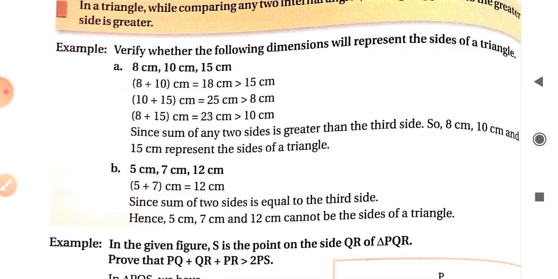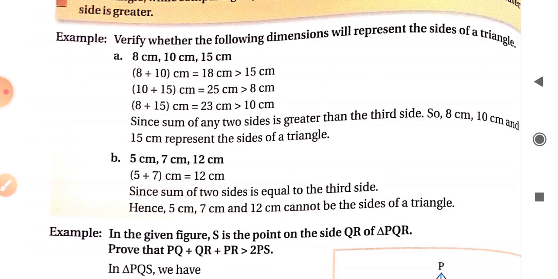Next are some examples related to this property. First example is: verify whether the following dimensions will represent the sides of a triangle. These are the sides of a triangle, and the property that is related to sides is the triangle inequality property.